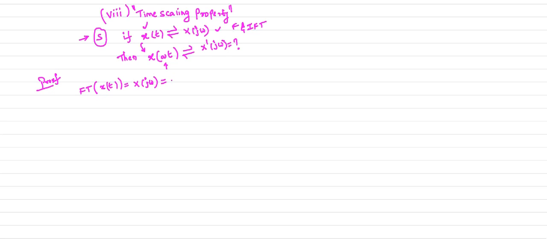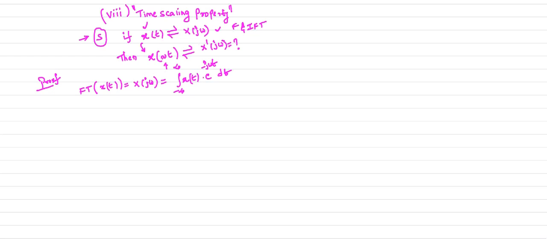Based on those two formulas only, we are going to prove each and every property of the Fourier transform. So this is the Fourier transform of x of t, which is x of j omega: integral from minus infinity to plus infinity of x of t, your time domain signal, e power minus j omega t dt.